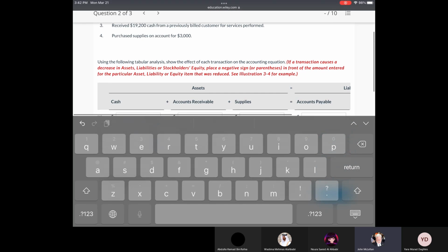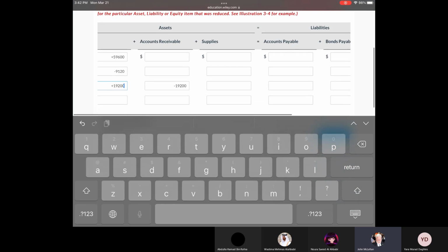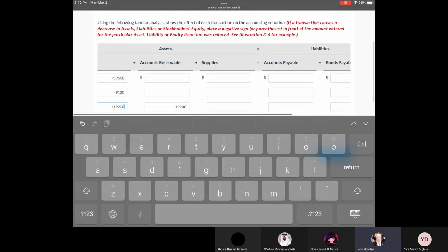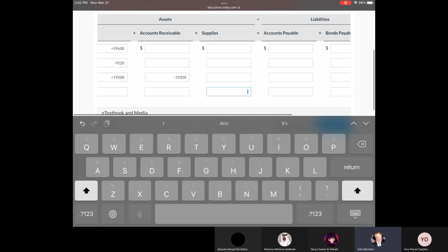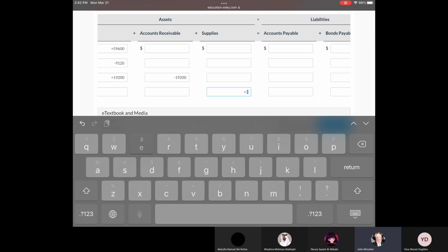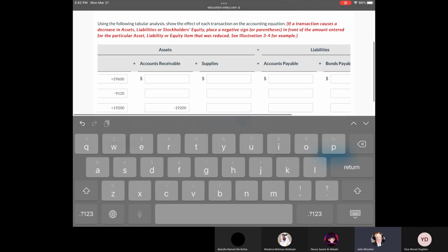Okay, the next. Purchase supplies on account for 3,000. Purchase supplies on account, very good, accounts payable, and what did I get? Yes, you're getting it. See how they begin to repeat themselves? We keep practicing.